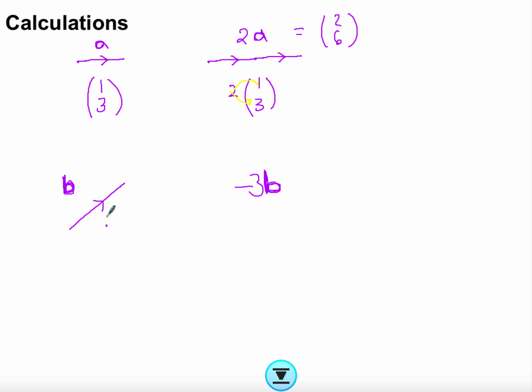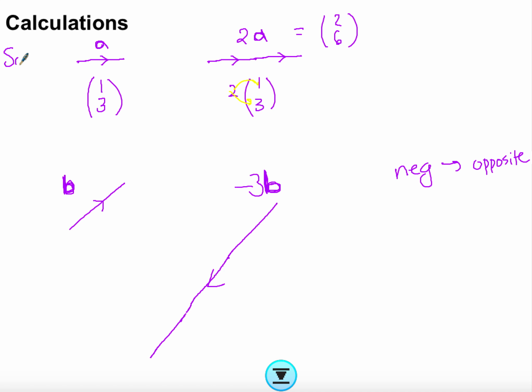Not only will it triple in size, so if this is my original B, I have 3 lots of it. Not only will it triple in size, but it will also move in the opposite direction because of the negative. So negatives, it's the opposite direction.